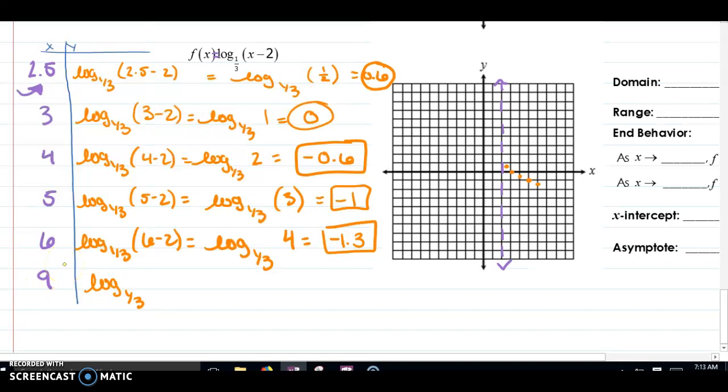I'm going to want to plug in 11 to get 9. So that's not helpful because it's not on my graph. So you could do 9 just so that you get a point a little bit farther ahead. They're so tiny here. So we get log base 1/3 of 7. So what I was thinking was that that number was going to be 9, but it's not. So now we're going to do log of 7 divided by log of 1/3. And you get negative 1.77.